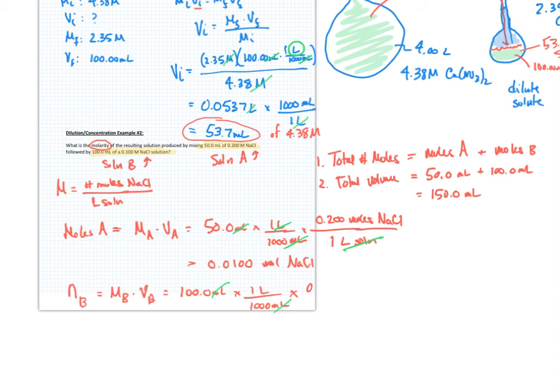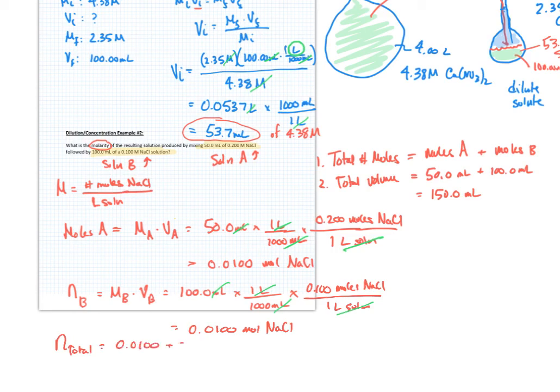So this is going to be 0.100 moles NaCl for every 1 liter of solution. Liter of solution cancels liter of solution, and this also happens to be 0.100 moles of NaCl.